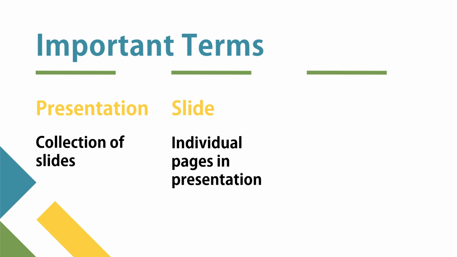Just as in each book you have separate, single pages, each single page is called a slide, and when we combine all those pages, this is called a presentation. That means a collection of slides is called a presentation, and a single page in a presentation is called a slide.